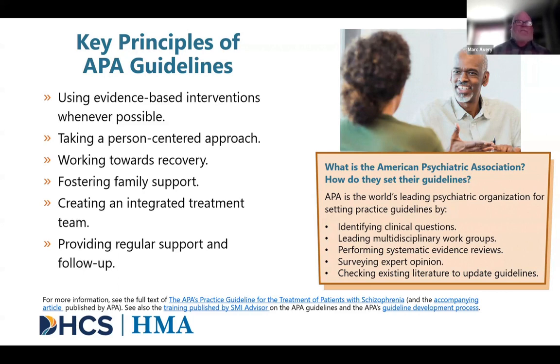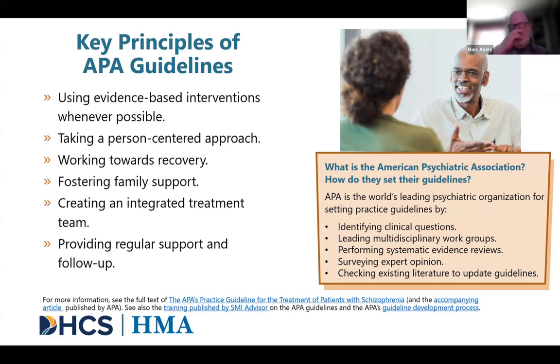Of course, none of this happens in a vacuum. Persons with any condition have communities, have family, have other elements of their lives that we want to consider. And so another principle is fostering family support whenever possible in providing care to persons with schizophrenia.